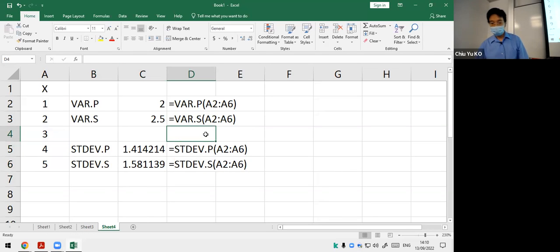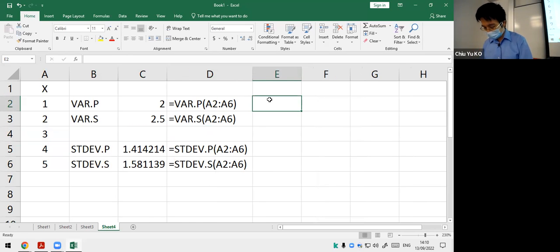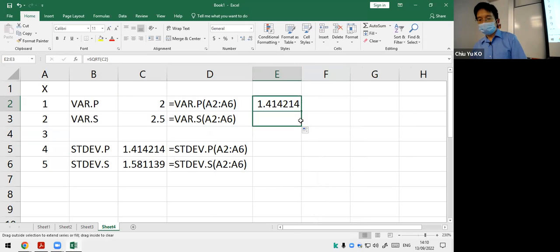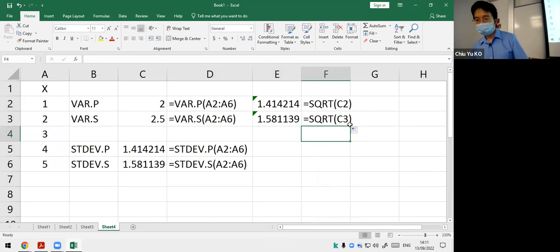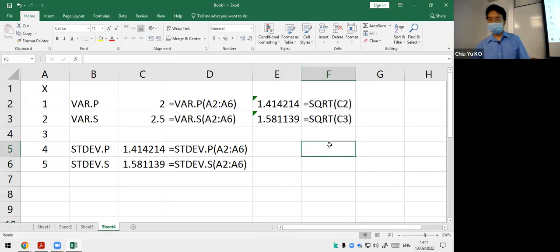This is the formula, and you can see if you take the square root, SQRT, of this variance, it gives you exactly this standard deviation, what you want.